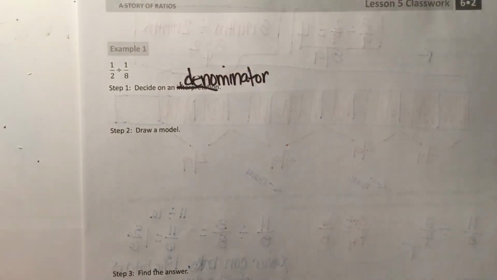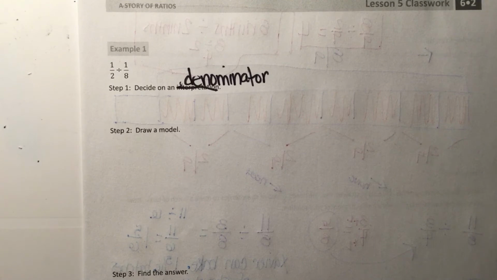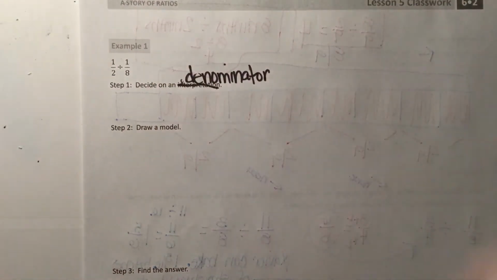I need to decide on a denominator. Feel free to cross it out and write it down. So what do 8 and 2 have in common? 8. They have 8 in common, okay? So we know that we are going to use 8s.